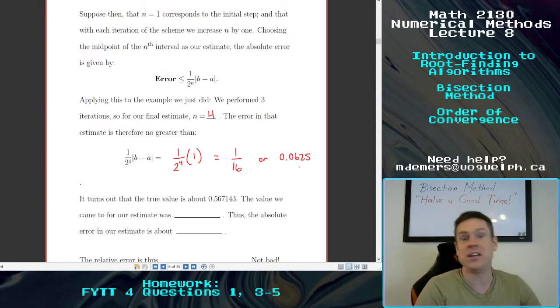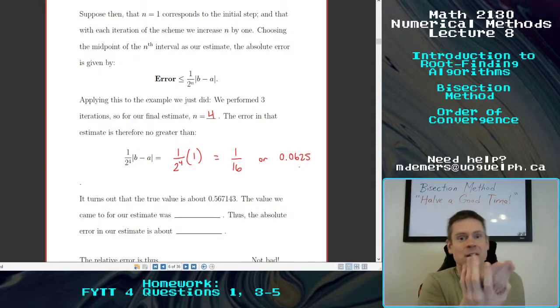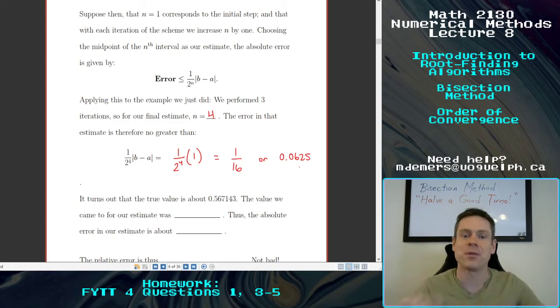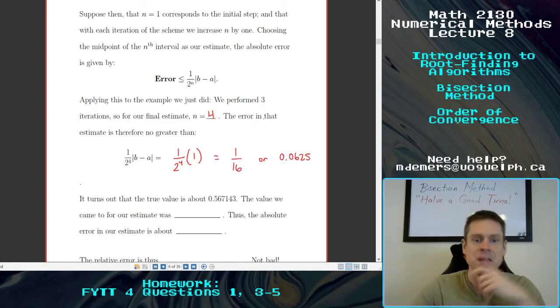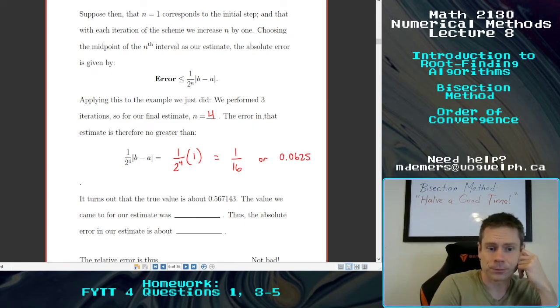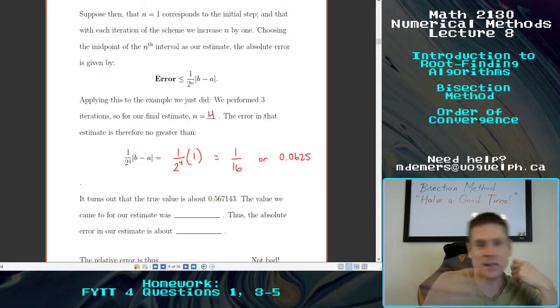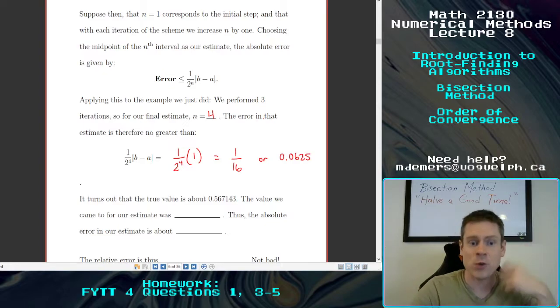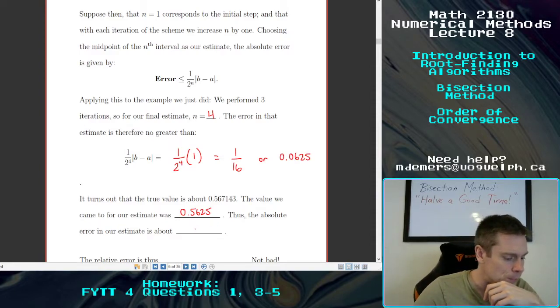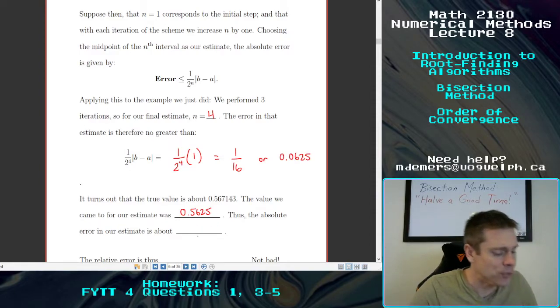And that's good if you need to be able to guarantee a result within some tolerance, within some number of decimal places. It turns out the true value is about 0.567143. It keeps going on forever. The value we came to for our estimate was 0.5625. And so our absolute error, I think, works out to this.